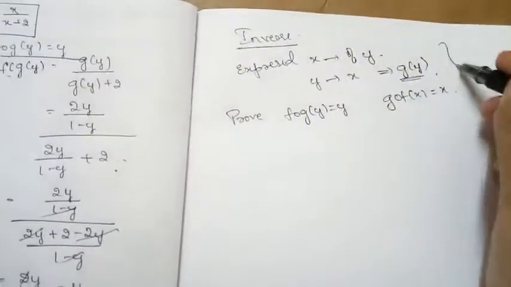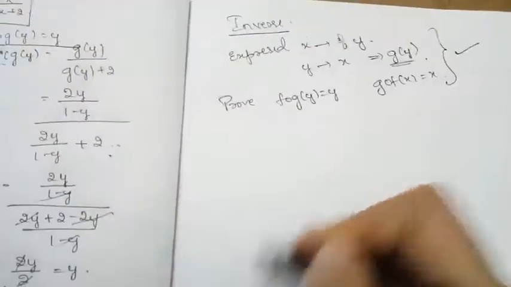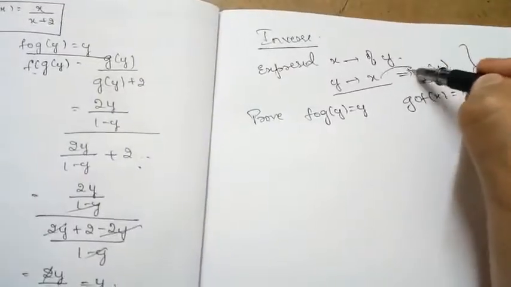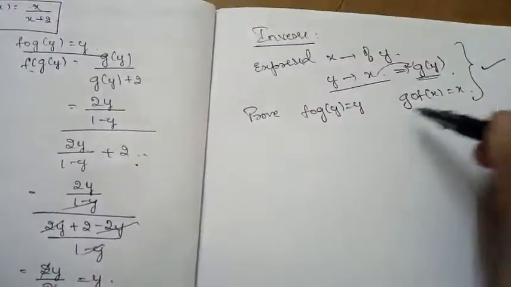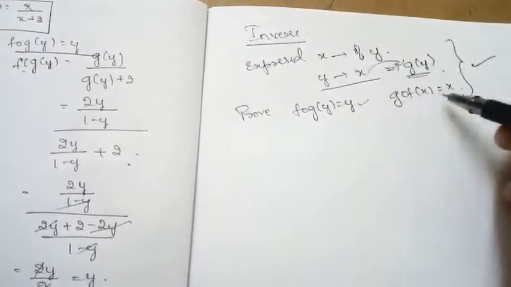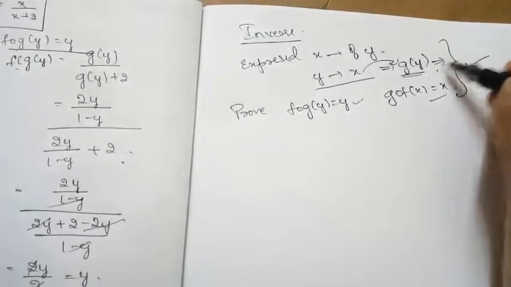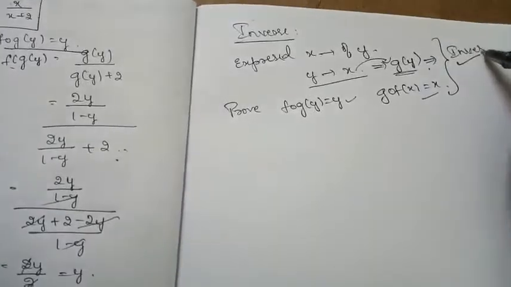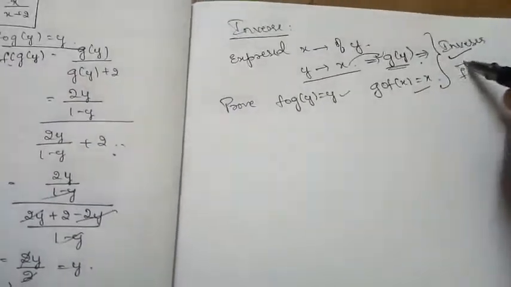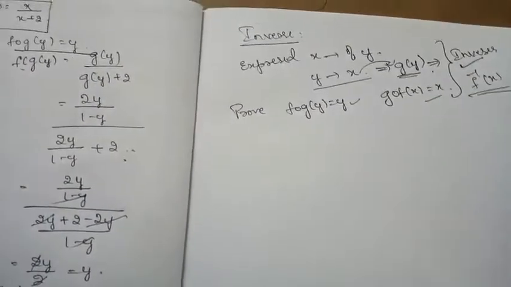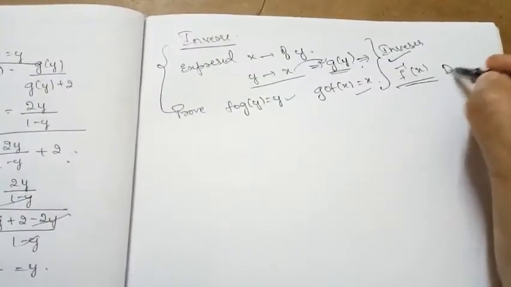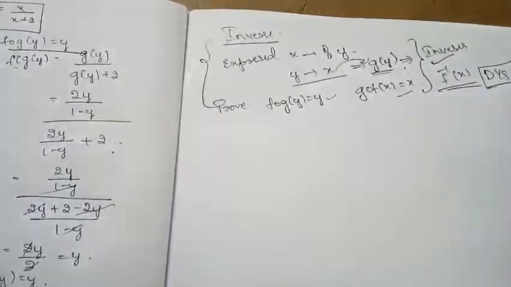I think you can do this part by yourself. First, express y in terms of x and call that g of y, and prove these two things. After proving these two things, what does this imply? Our function g of y is the inverse of the function, and we express that as f inverse of x. This can be done by yourself, so do it by yourself.